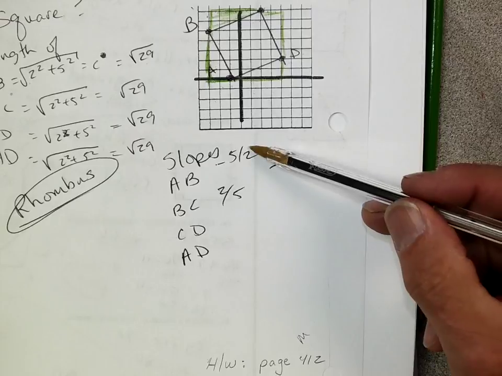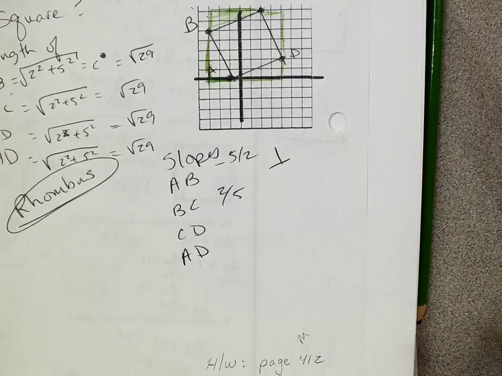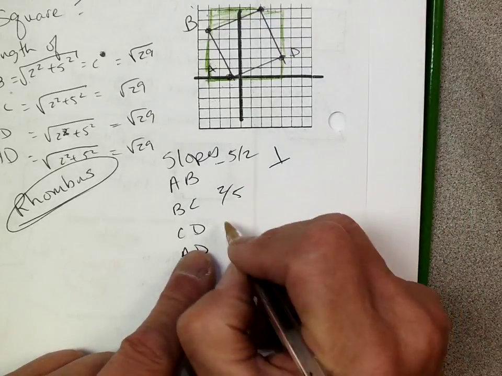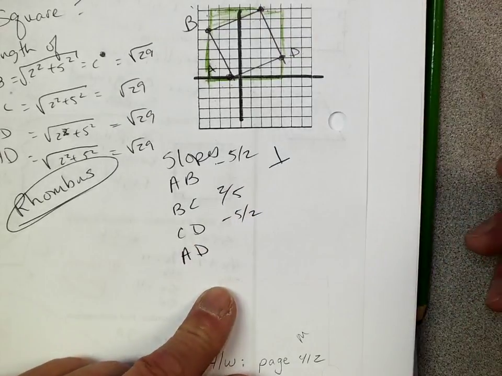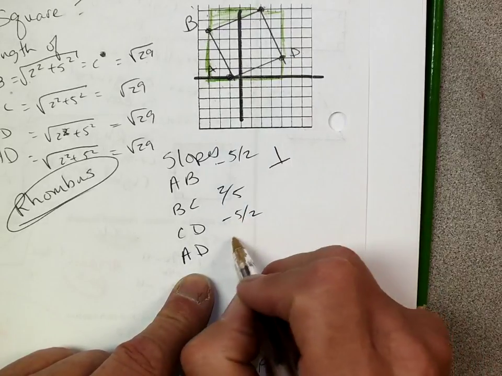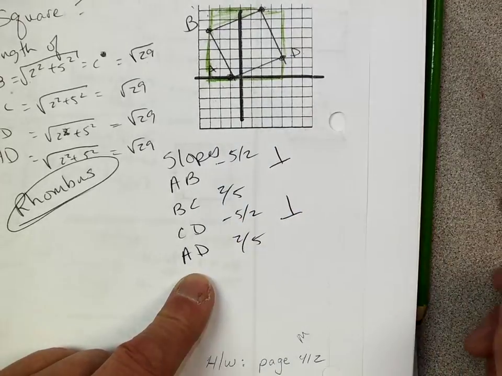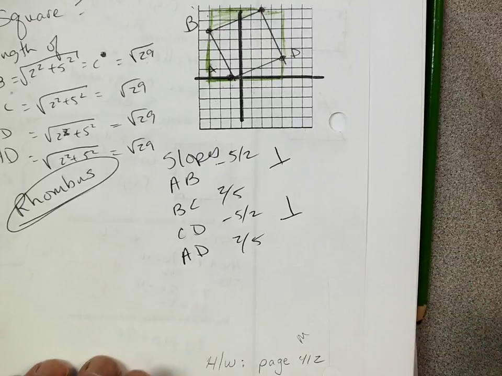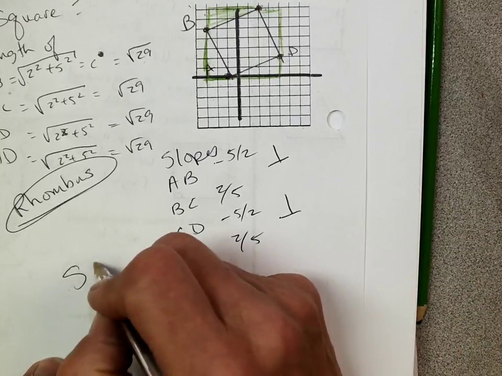Negative 5 over 2, 2 over 5. CD is down 5 over 2. And AD is going to be up 2 over 5. Those two are perpendicular. So we know for sure that at this point, it has to be a square.